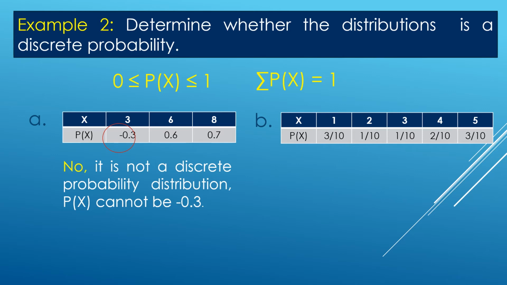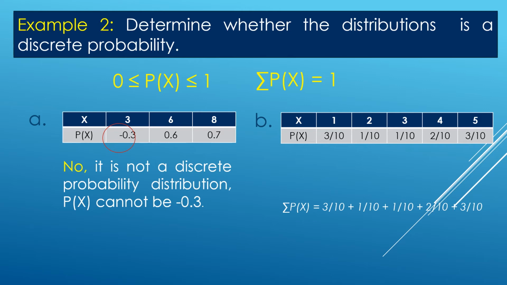Now we're going to check whether the sum of its probabilities is equal to 1. So we have here the summation P of x is equal to 3 over 10 plus 1 over 10 plus 1 over 10 plus 2 over 10 plus 3 over 10. As you can observe, the denominators are all the same. So therefore, we just add their numerators. So we have 3 plus 1, we have 4, plus 1, this is 5, plus 2, this is 7, plus 3, this is 10.